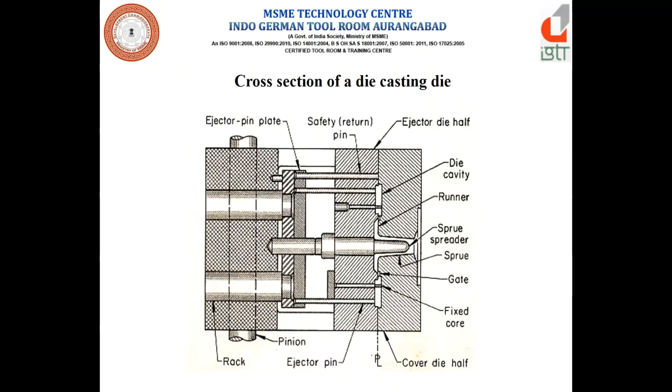Next are slides. Slides are movable die parts needed to build up the die surface. Slides are used when it is impossible to avoid an undercut in the casting. The part of the die cavity wall that forms the undercut portion is made on the face of the slide, which is accurately fitted in a guide cut in the die block.